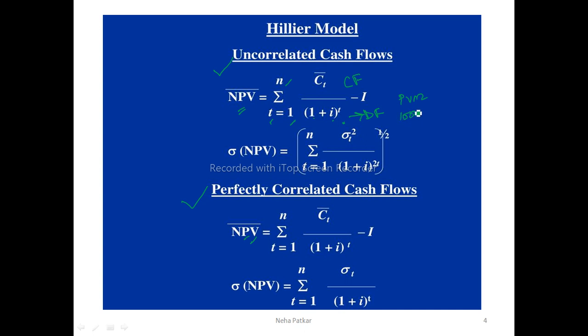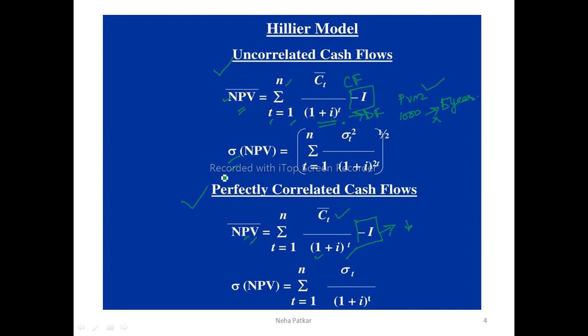Because 1000 of this year will not be the same as the same amount 5 years later. Okay, why? Because the time value of money changes. So we are considering the discounting factor here, and we are subtracting it from the initial investment. Why? Because this is the amount of money we have already invested. Okay, so we will calculate NPV in this manner. I hope this is clear to you.